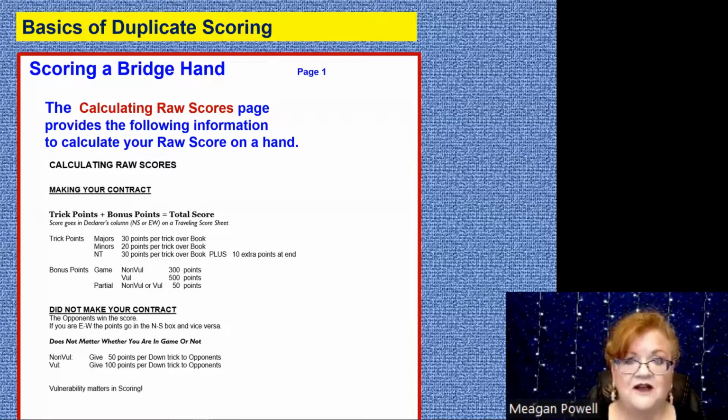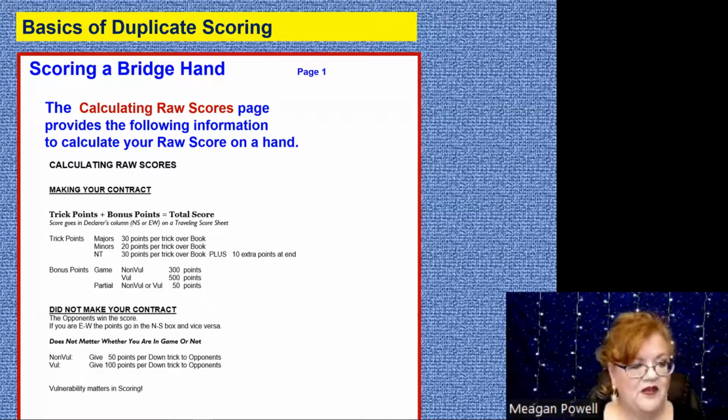They earned the contract. How did they do? If they made their contract, we will use that information up top. Now, if the declarer did not make the contract, down the bottom of page 1, that's the section is, did you not make your contract? And again, that is declarer's perspective. Did the declarer not make the intended contract?